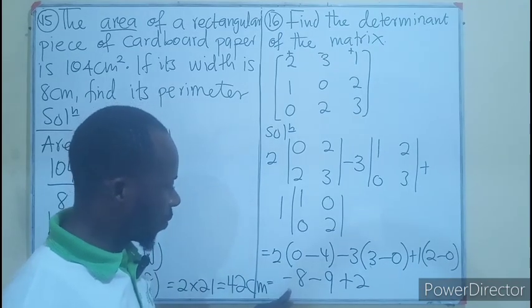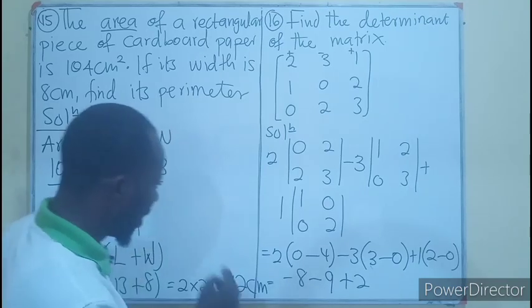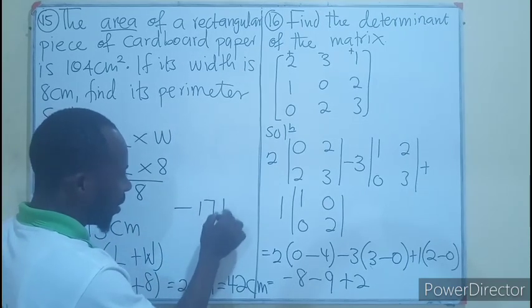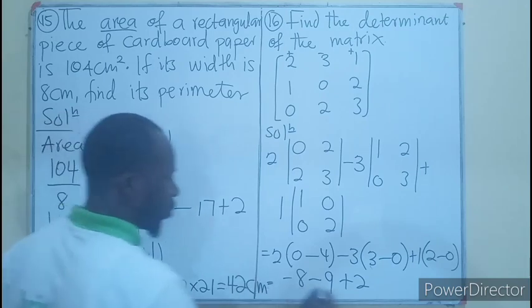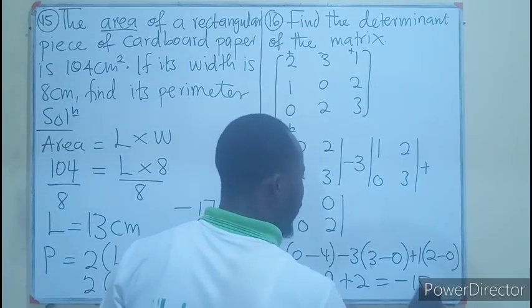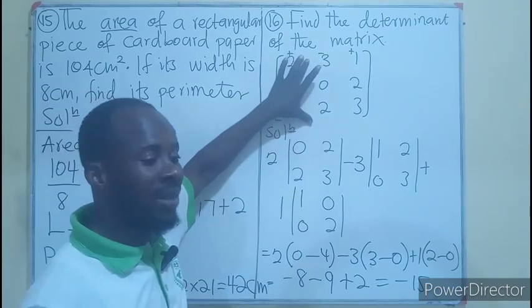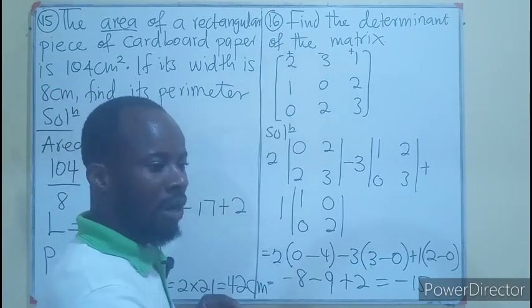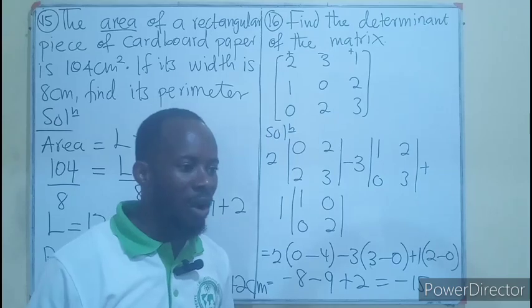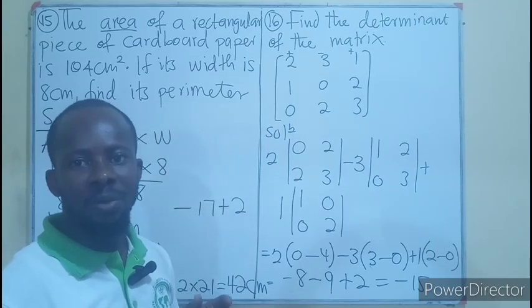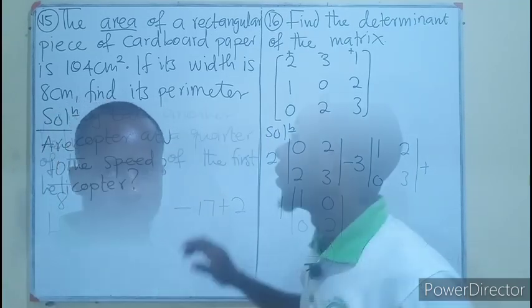Starting from the left, I'll be having negative 17 plus 2. And that will give me negative 15. So negative 15 becomes the determinant of this 3 by 3 matrix. And on the possible answers, that will be the option A.